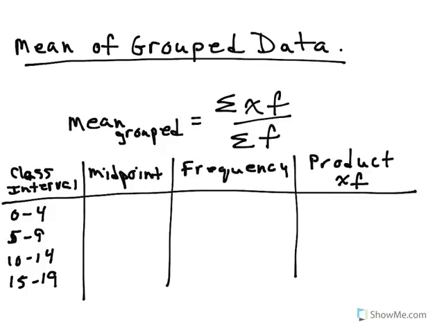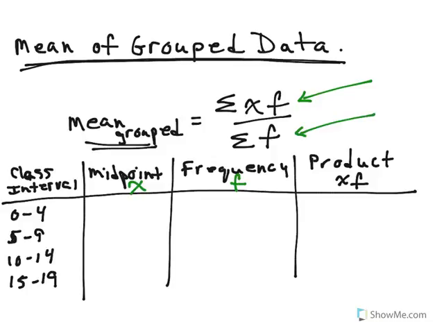Mean of grouped data. Now this is different than just finding the mean. For the mean, you add up all your values and then divide by how many there are. Grouped mean, we add up all the values of our midpoint, which is x, times our frequency, which is f. And we divide by the total number of frequencies.